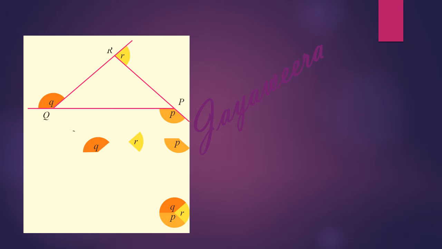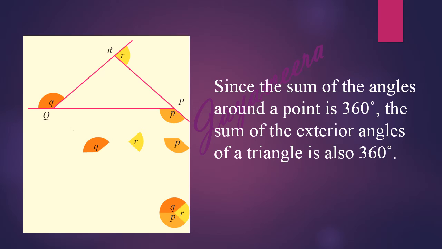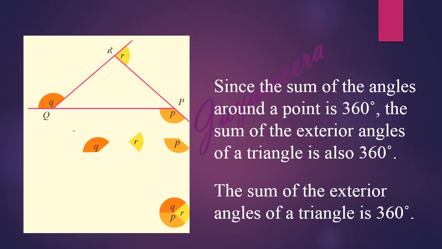All the vertices of the angles should fall onto the same point. Since the sum of the angles around a point is 360 degrees, the sum of the exterior angles of a triangle is also 360. The sum of the exterior angles of a triangle is 360 degrees.